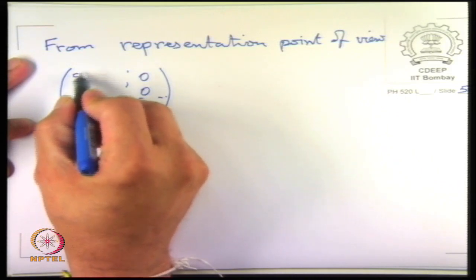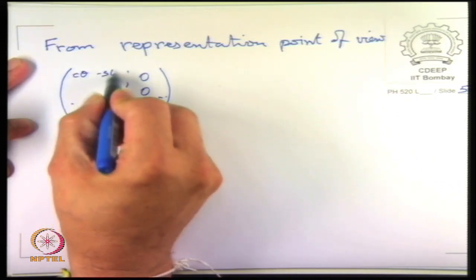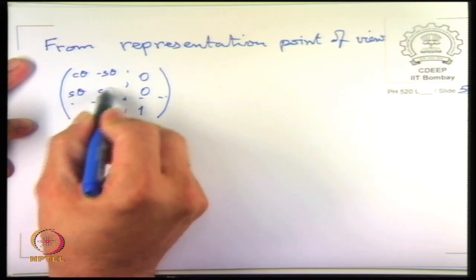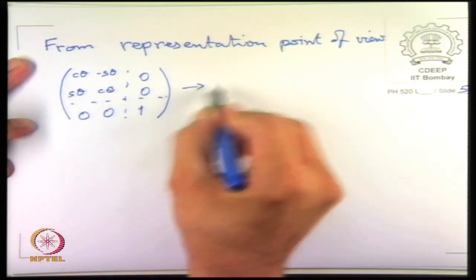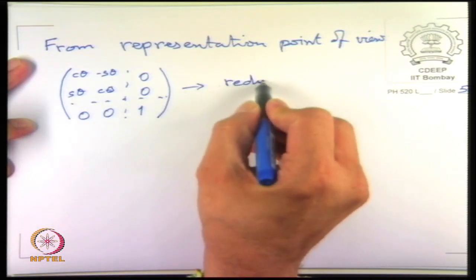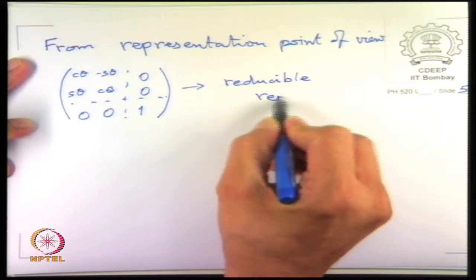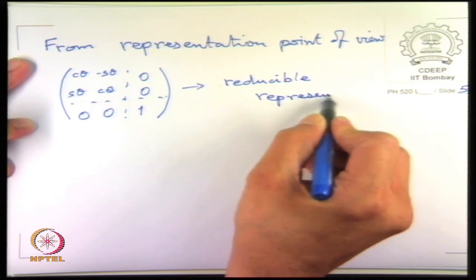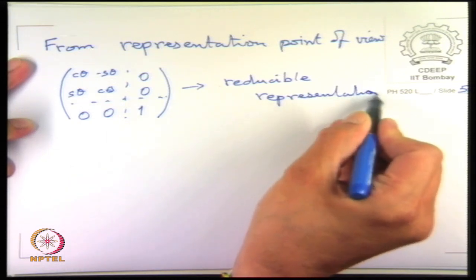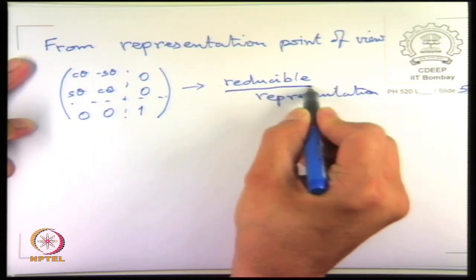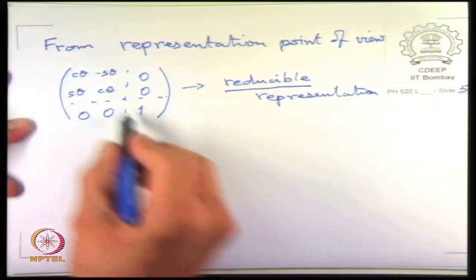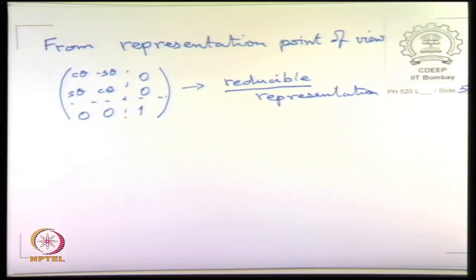with some cos theta, sin theta, cos theta is a reducible matrix or a reducible representation, in the sense that it seems to be two separate representations, not getting mixed with each other, doing their own business.